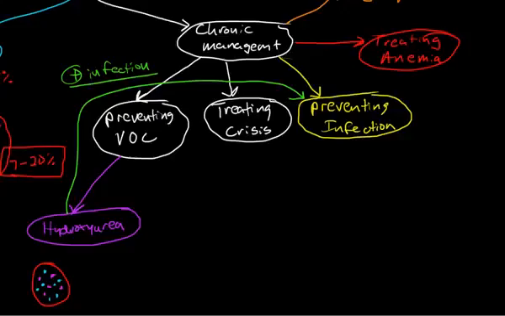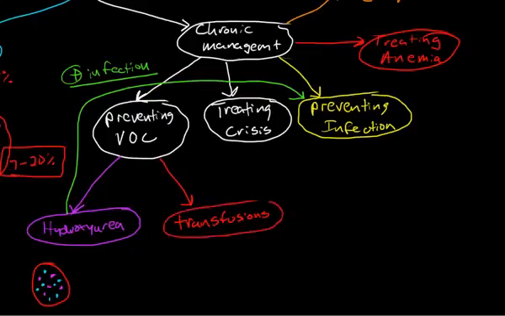The second part of preventing vaso-occlusive crises is chronic transfusions. Chronic transfusions work in some ways similar to hydroxyurea, because they decrease the concentration of red blood cells that have hemoglobin S. In a sickle cell patient, all erythrocytes are filled with nearly 100% hemoglobin S, 97% or so.